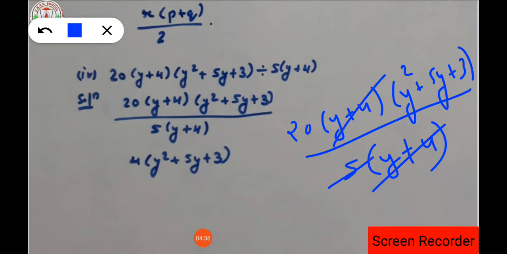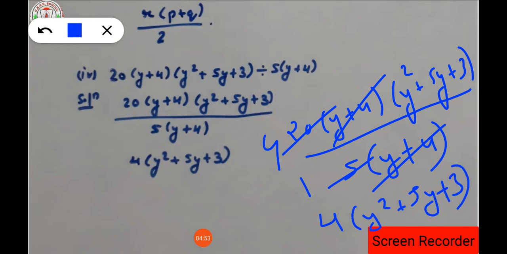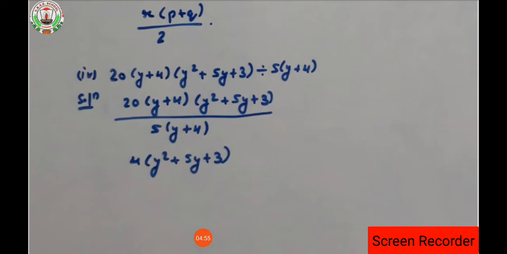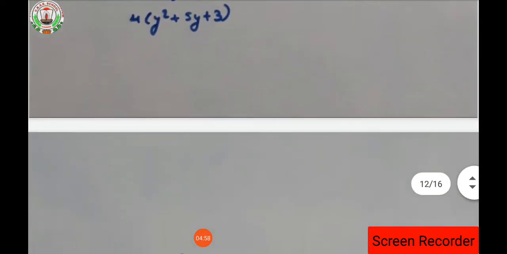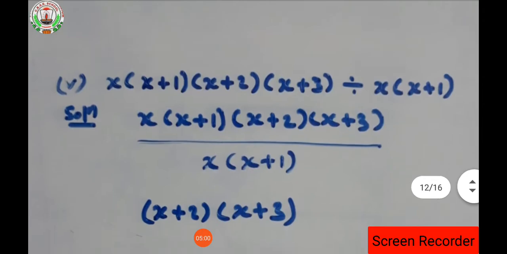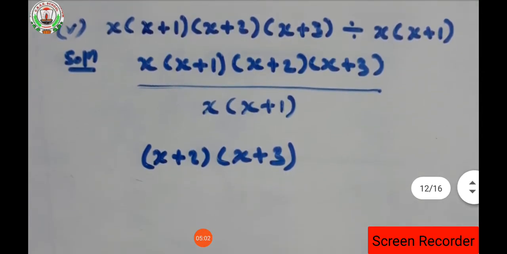Now 5 ones are 5 and 5 fours are 20, so 20 upon 5 will again get cancelled. So whatever is left out is 4 into (y square plus 5y plus 3), and that is the answer. Clear? Why are we not solving it further? Because extending it has no value, that's why.